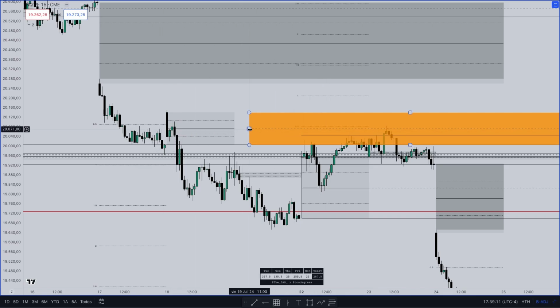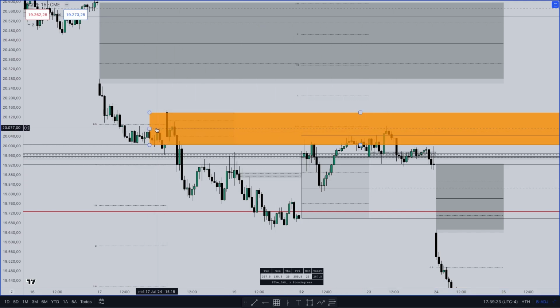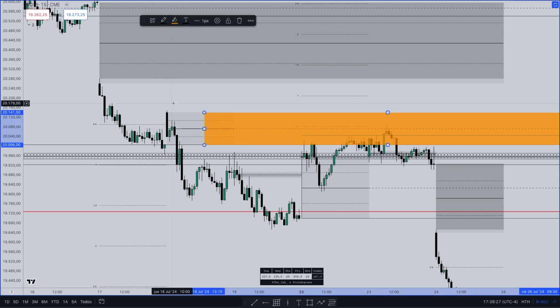Do you see how we use this as a balanced price range? After we close below, we retrace, but we respect the 50%, the consequent encroachment of this level. There is no reason to come back above this high because this range is balanced.